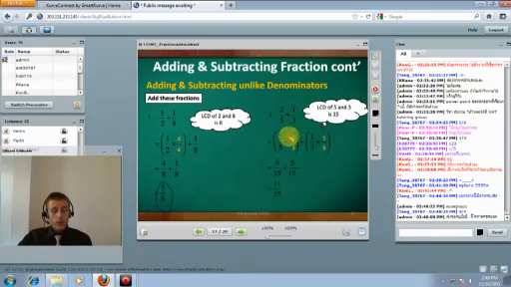We multiply the numerator and the denominator of 2 over 5 by 3 so we can have a fraction with a denominator of 15, and we get 6 over 15. We add it with 1 over 3, multiply the numerator and the denominator both by 5. We have 5 over 15. Add them together. Keep the denominator the same. Add the numerators, and we have 11 over 15 as the final answer.